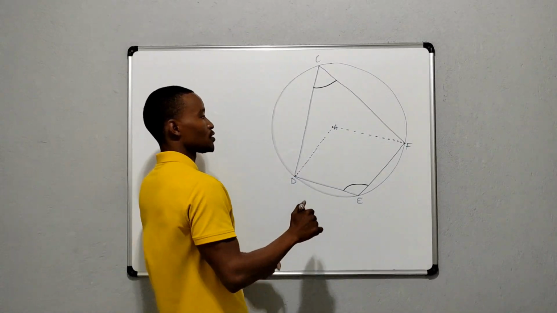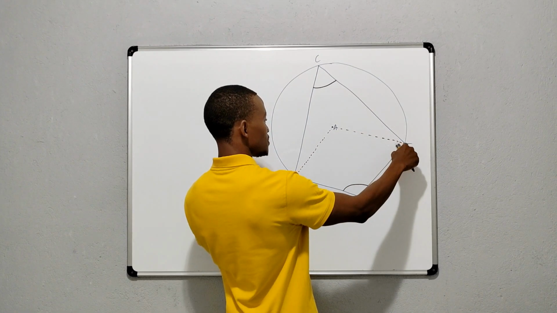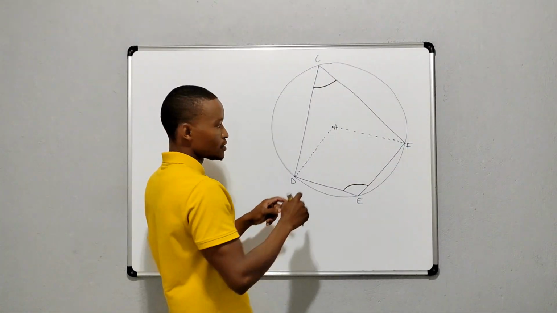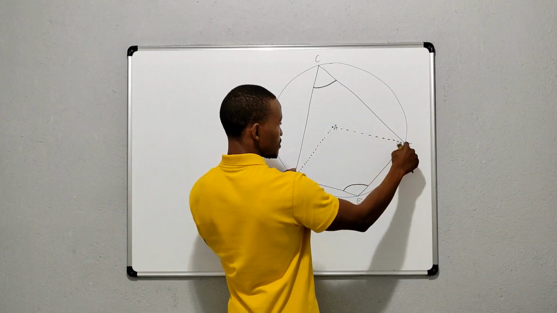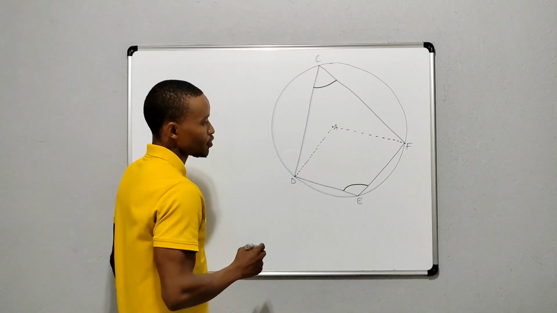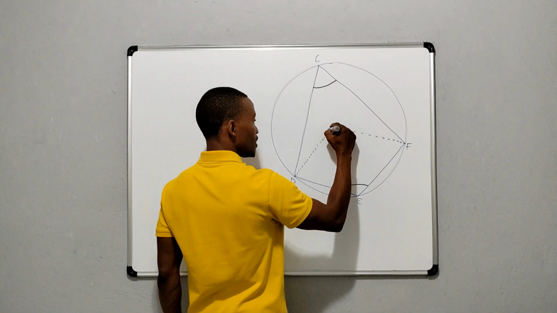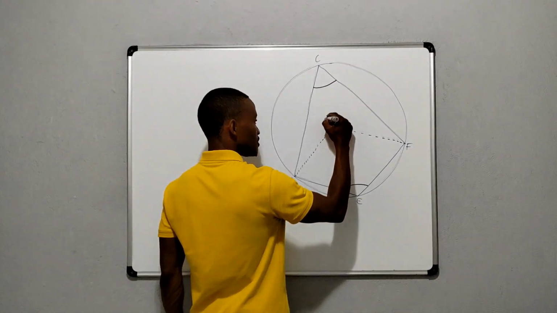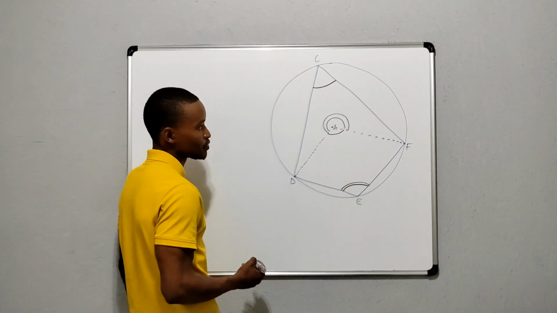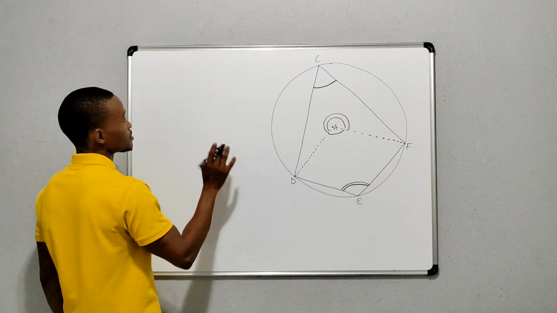As you can see, we have radius lines here. Angle at center equals 2 times angle at circumference, and again, angle at center is equal to 2 times angle at circumference. So we're going to link this angle to that one, and this angle here will be linked to this one there, just to create distinguishing factors. So that is our construction.